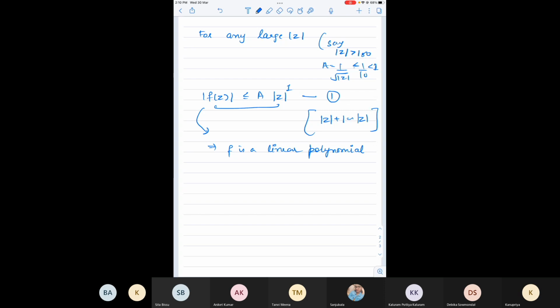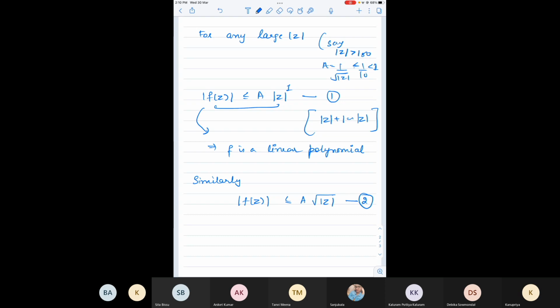Okay. With the same argument, you can also see that mod of f(z) can be taken to be less than some constant times root mod z, using the same argument for large mod z.